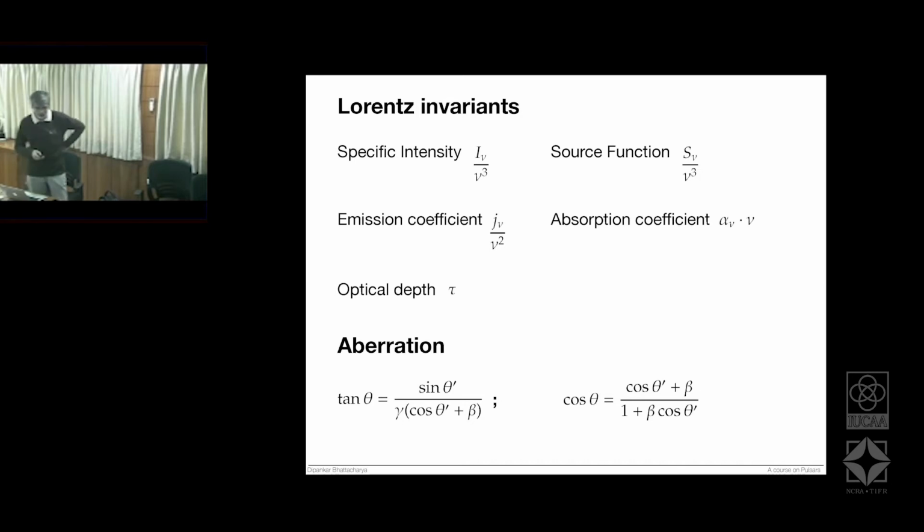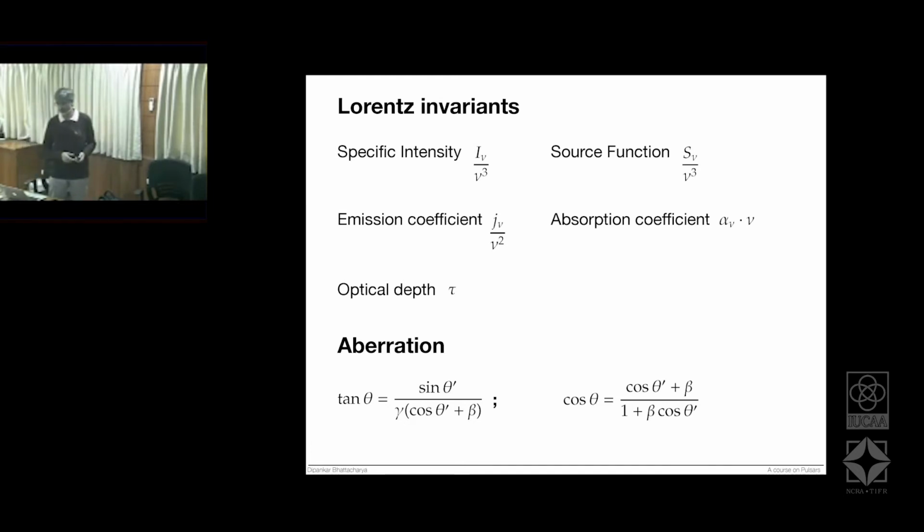And if gamma is large, beta is close to 1, so you get tan theta equal to 1 by gamma, therefore theta is roughly equal to 1 by gamma. So what this means is the entire forward hemisphere is seen to be squeezed within 1 by gamma. The backward hemisphere then gets spread over the rest of the angles.